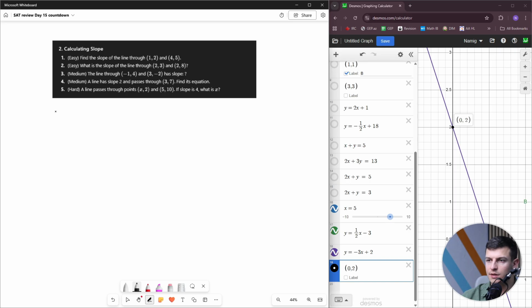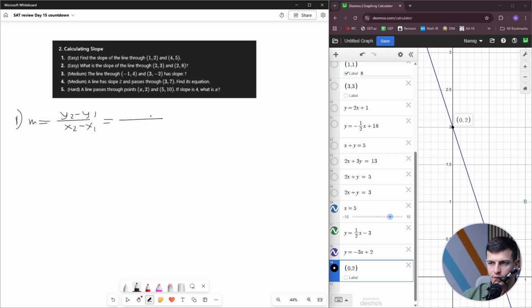Now that we talked about what a slope is and how to find it, and we talked about slope-intercept form, I think we can try these questions. So let's start nice and easy. Number 1: find the slope of a line that passes through 1, 2, and 4, 5. So m is equal to y2 minus y1 over x2 minus x1.